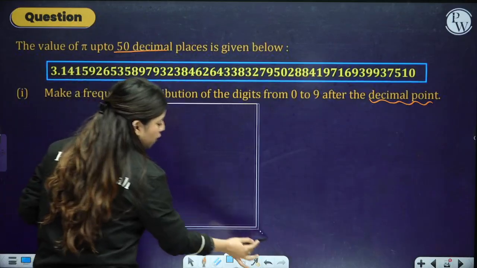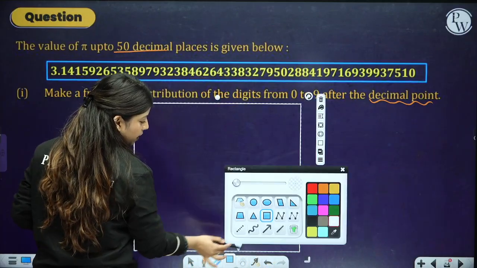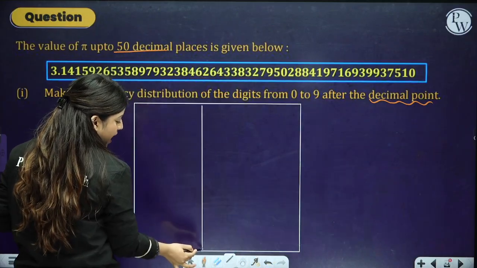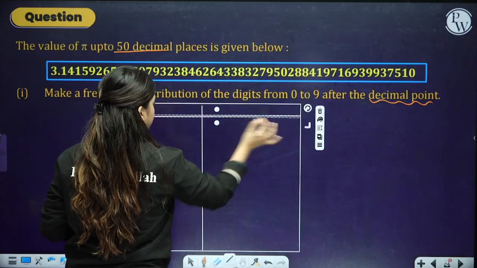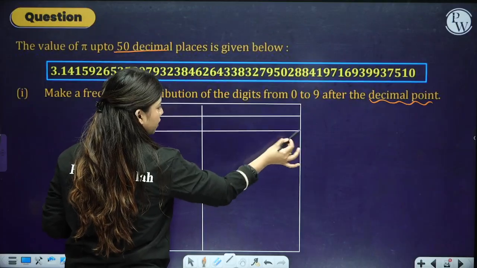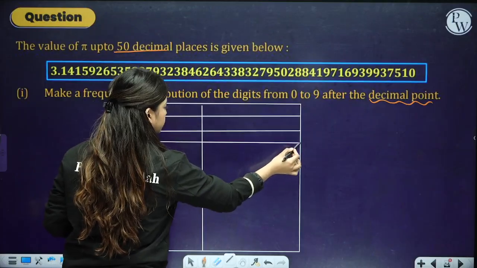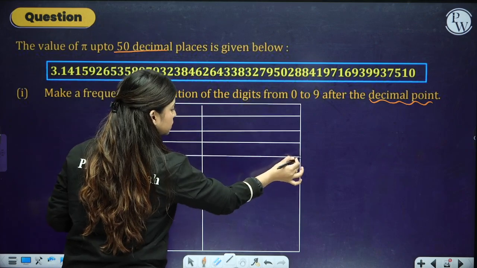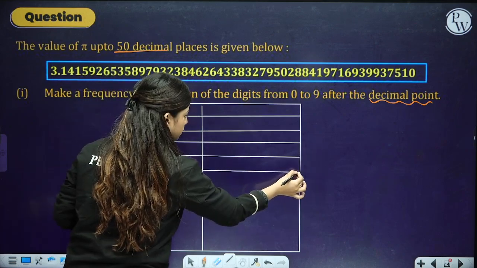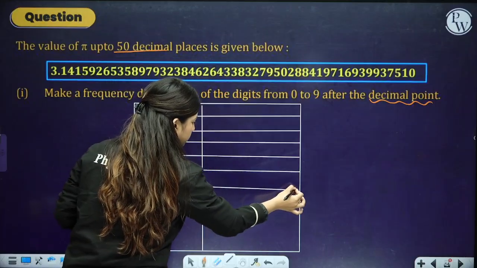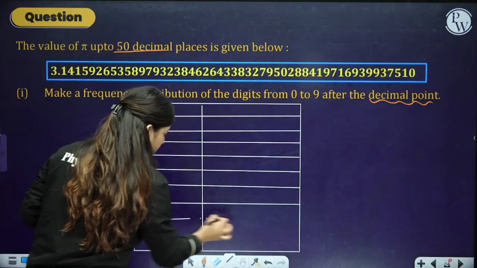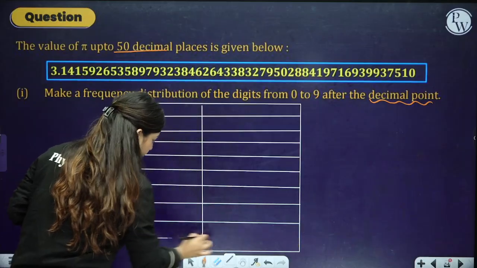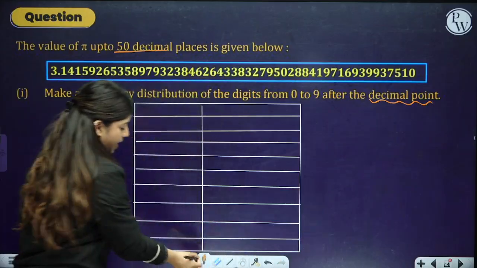So first of all, the digits and frequency that we are going to talk about. So this is for 0, this is for 1, this is for 2, this is for 3, this is for 4, this is for 5, this is for 6, this is for 7, this is for 8 and 9.